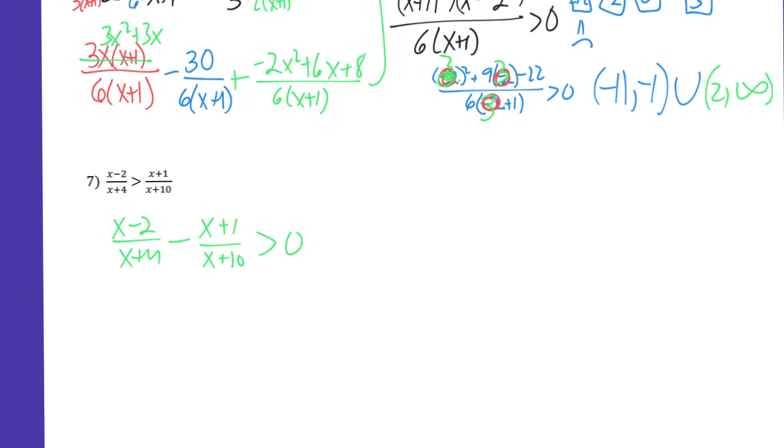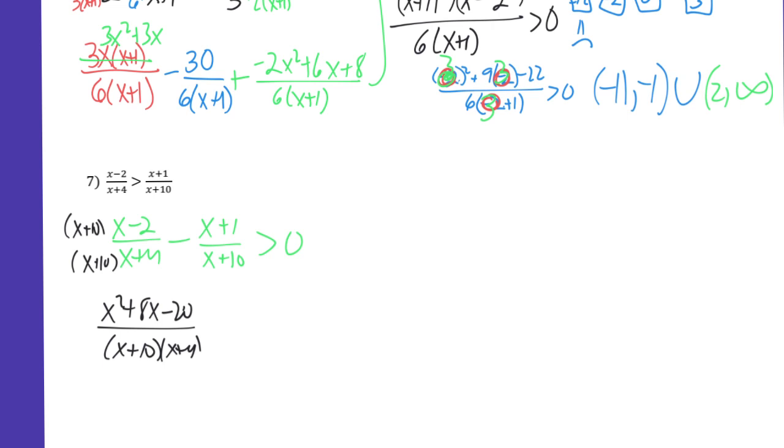And then to get a common denominator, we're going to multiply the first one by (x plus 10) over (x plus 10). And you get x squared plus 8x minus 20, and then the denominator is x plus 10 and x plus 4. Okay, and then there's a subtraction sign.